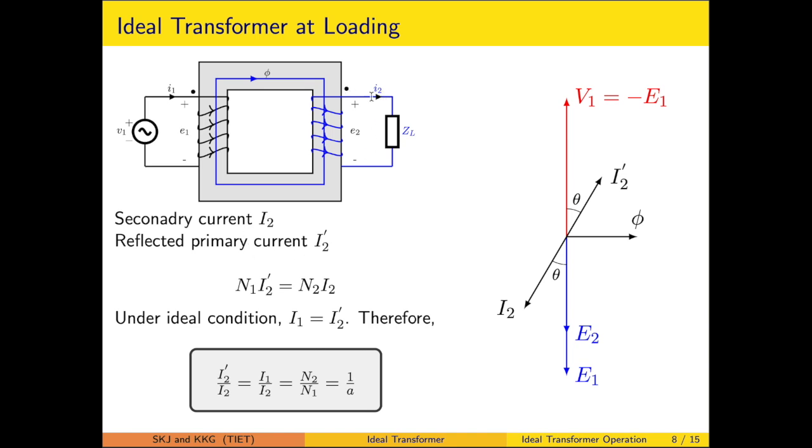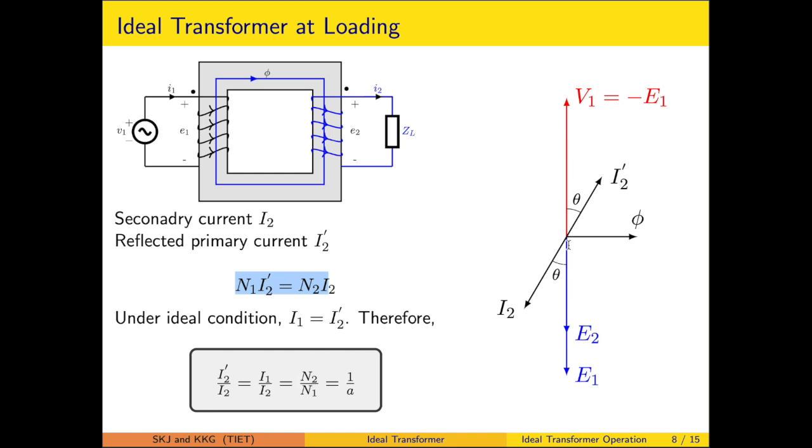Whatever has been represented on the secondary, its counter current or reflected current on the primary will be I2 dash. In the ideal case, when the other currents are neglected, I1 will be I2 dash. So that counterbalancing of the MMF is established, giving I2 dash upon I2 is equal to 1 upon A. As mentioned, I2 dash is equal to I1, so I1 upon I2 is equal to 1 upon A, which is translated in terms of N2 upon N1.